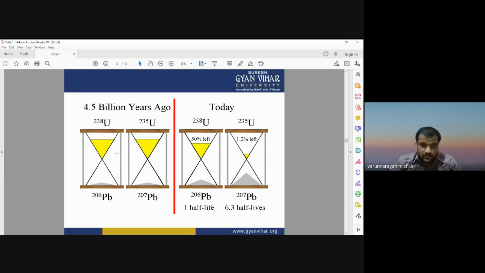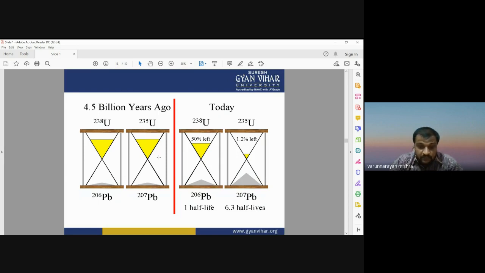Okay, so that was the condition 4.5 billion years ago, but after the continuous decay, right now it has only 50% of the material, 50% of the particles left in that uranium. So on the basis of this, we come to know that this element was produced 4.5 billion years ago. That is one half life, or 6.3 half life.